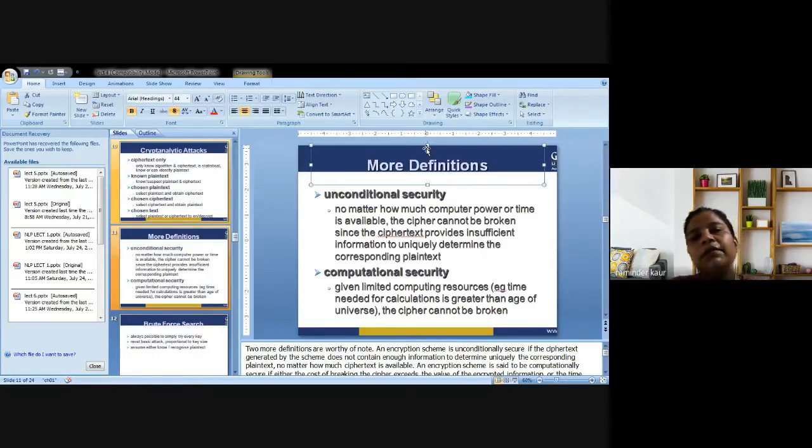In unconditional security, no matter how much computer power or time is available, the cipher cannot be broken, since the ciphertext provides insufficient information to uniquely determine the corresponding plain text. Next is computational security. Given limited computing resources, for example, the time needed for calculations is greater than the age of the universe, so the ciphertext cannot be broken.